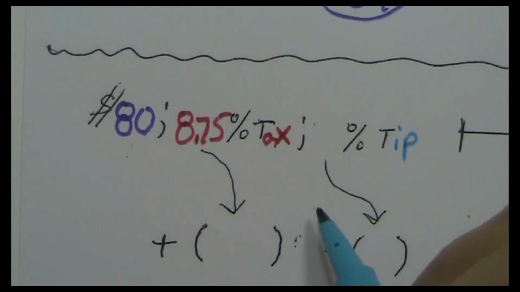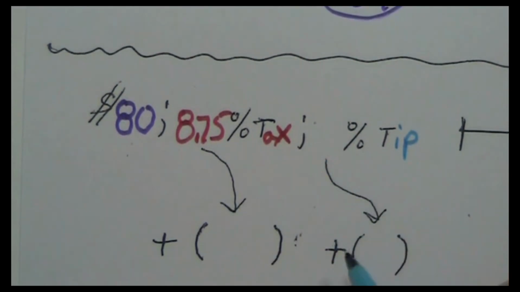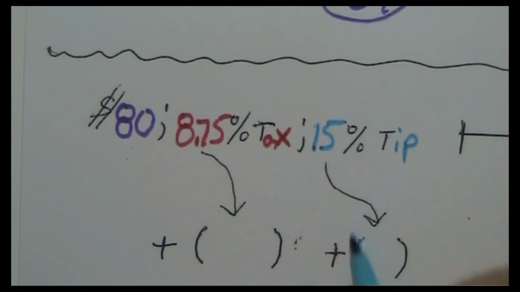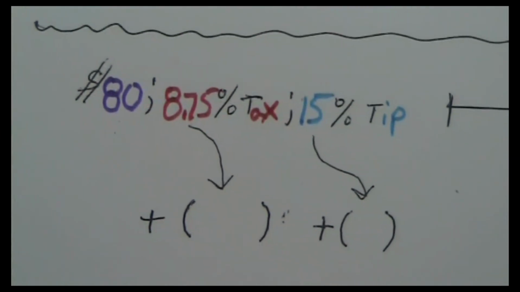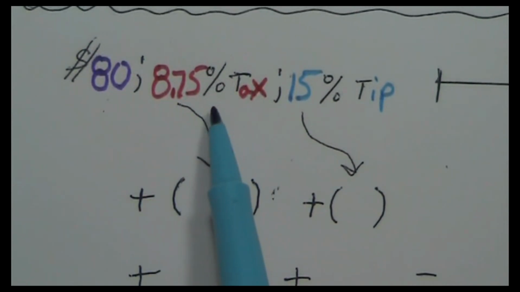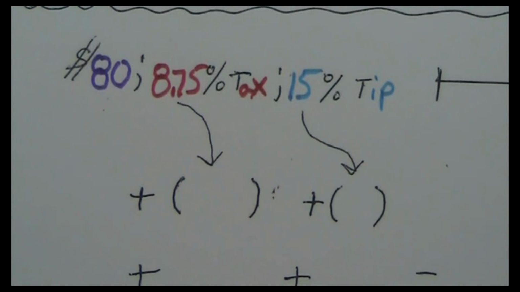Because maybe this is at a restaurant. You do have to pay sales tax and you do have to pay for a tip, or you should. And usually it's 15%. So $80 plus the tax plus the tip.